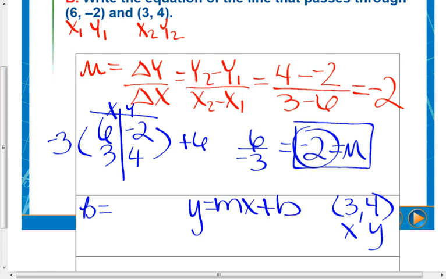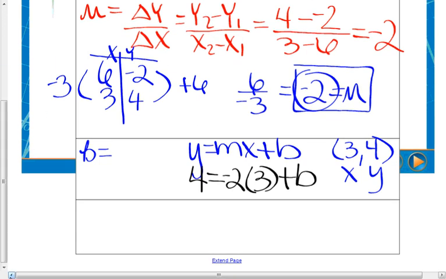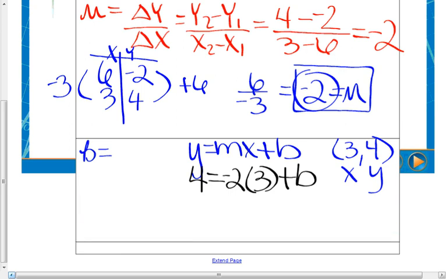Let's plug in what we know. 4 equals negative 2 times 3 plus B. Okay? And if at any point you're like, wait, feel free to pause and take a look and see if you can understand what I did.